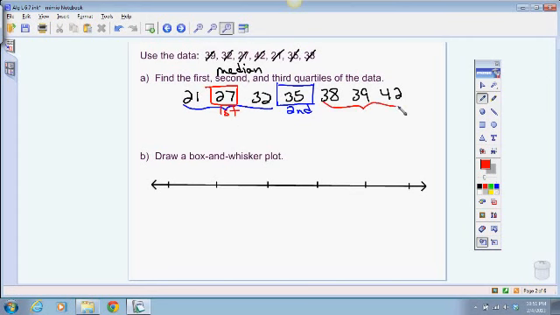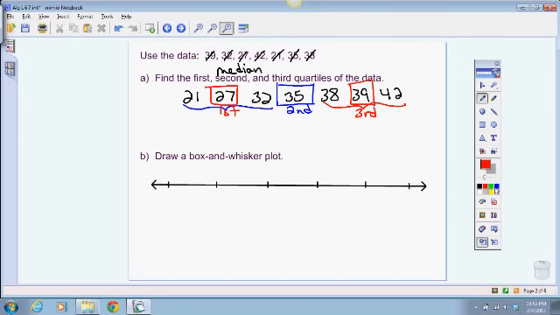And if you look over here, the upper half, our third quartile is going to be the median number there. So our second quartile is the original median, our first quartile is the median of the lower half, and our third quartile is the median of the upper half. Now, how are we going to use these to draw a box and whisker plot?